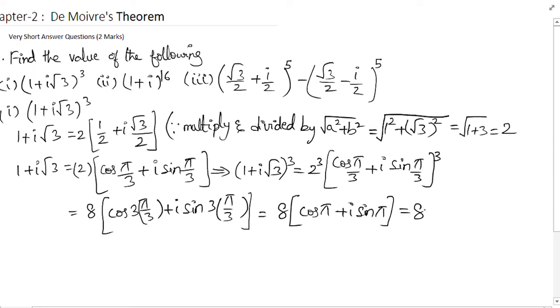We can write it as minus 1. So the answer is minus 8.